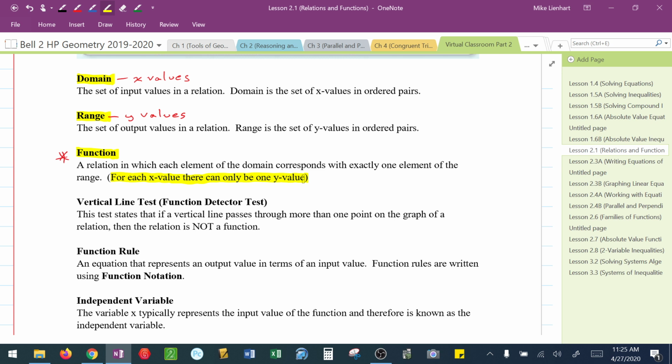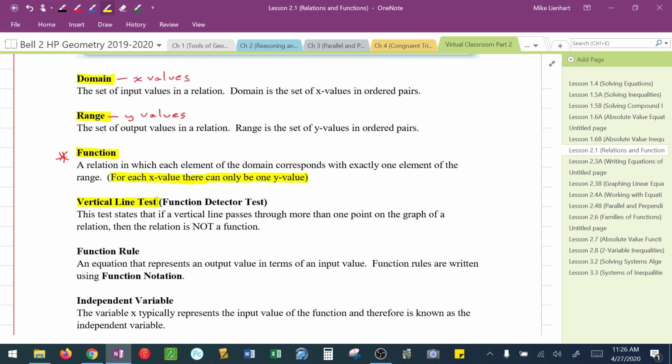Now, sometimes what we're going to do is check this on a graph using something that is called the vertical line test. I also refer to it as the function detector test. My function detector is a straight edge that I hold vertically and move from left to right across the figure to determine if, for any particular x value that I show, there is more than one y value.